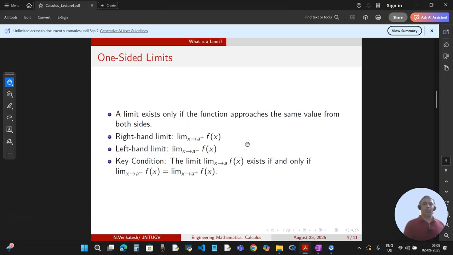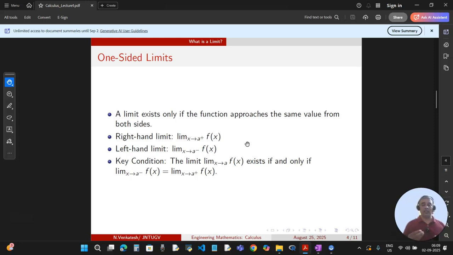So now, when you say that the limit exists, you have to define something called a right hand limit. So that is limit x tends to a plus of f of x. In the case of that BP reading, from 10:01, 10:02, 10:03, whatever the readings that we are getting, that we define as a right hand limit.